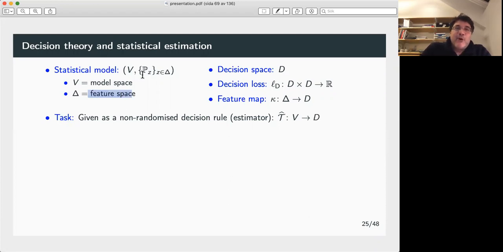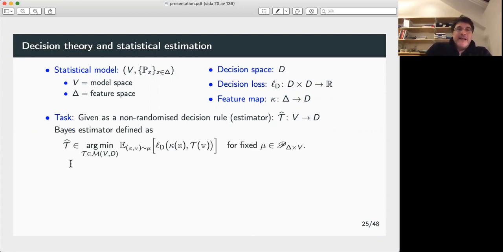It's a family of probability measures on the model space that are parameterized by this feature space. We'll come back to what this is going to be in our context. So right now I'm just putting this down abstractly. And there is also a loss function for elements in the decision space. And then there's this mysterious kappa mapping. We'll come back to that in a second.